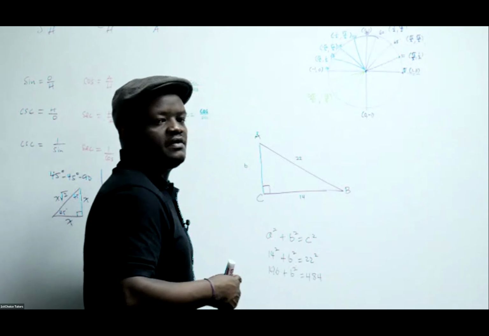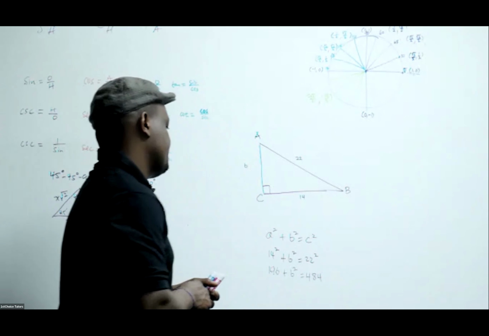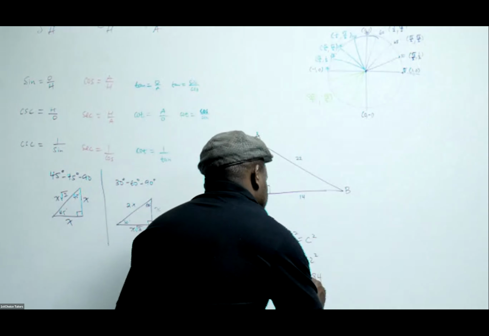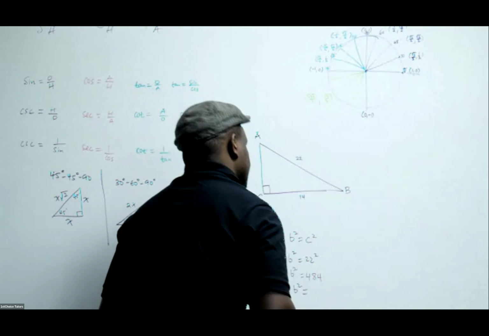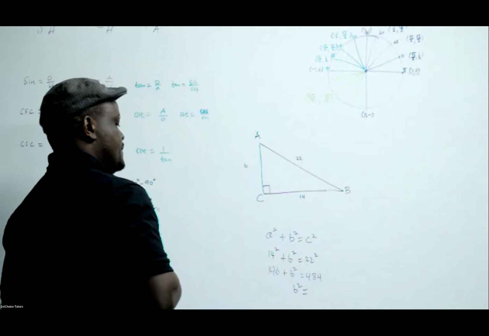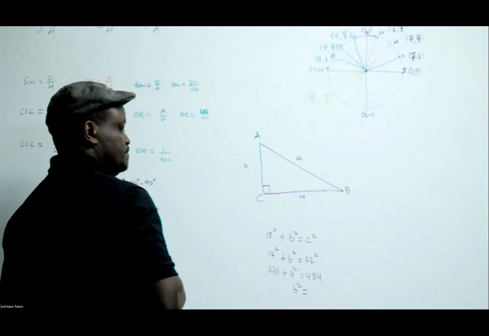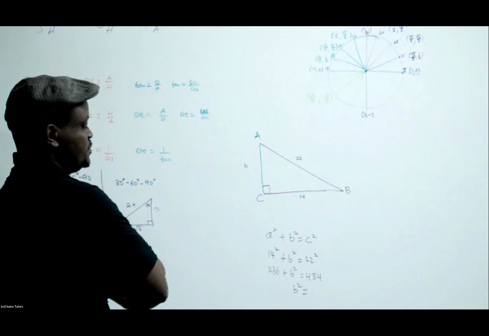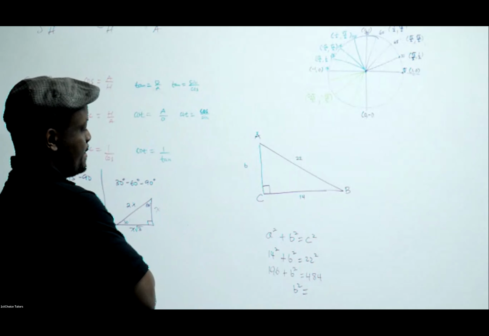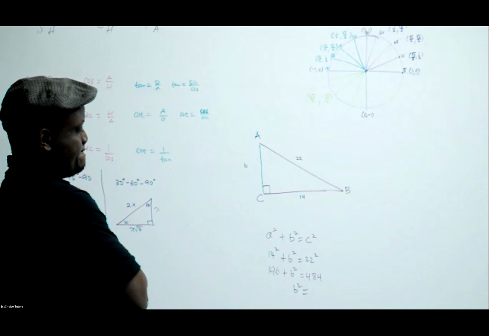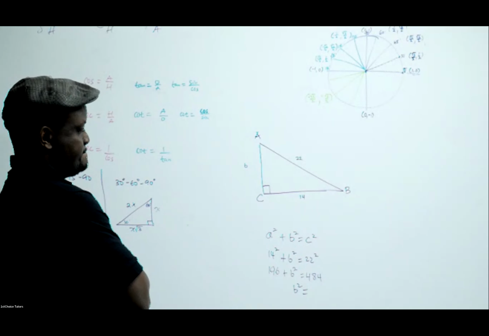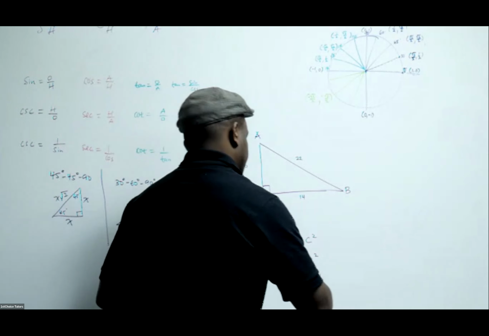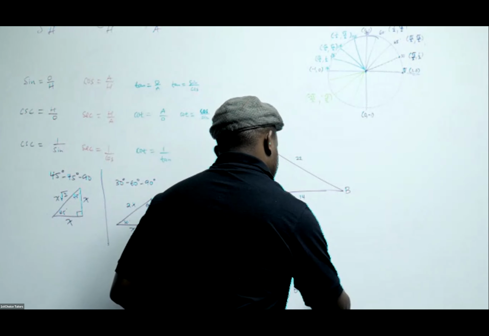What's 22 to the second power? 484. Okay, cool. And then what do you do next? You just subtract the 196. Yep. Minus 196 on that side. That's 288.